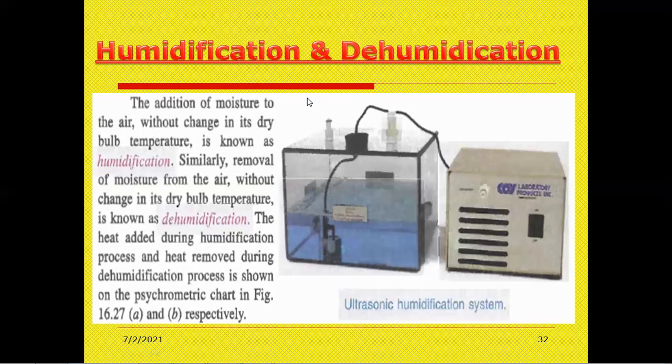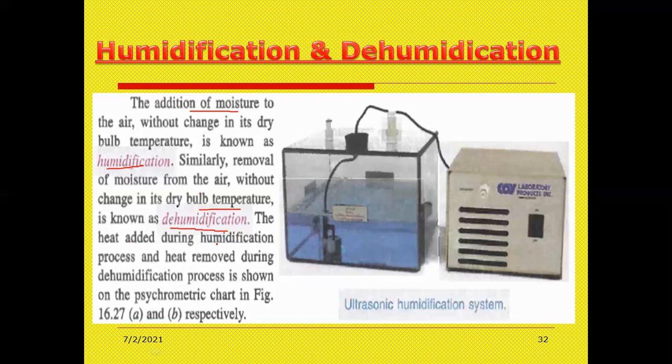So very simple definition. Humidification means addition of moisture to the air without changing its dry bulb temperature, and removal of moisture from the air without changing its dry bulb temperature is known as the dehumidification process.